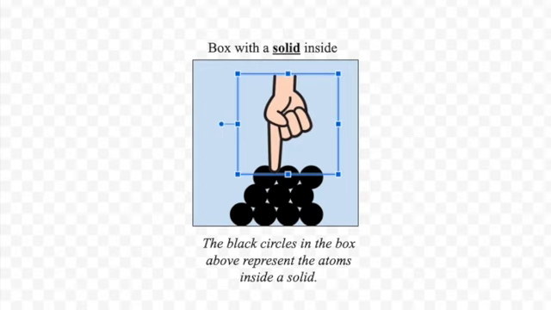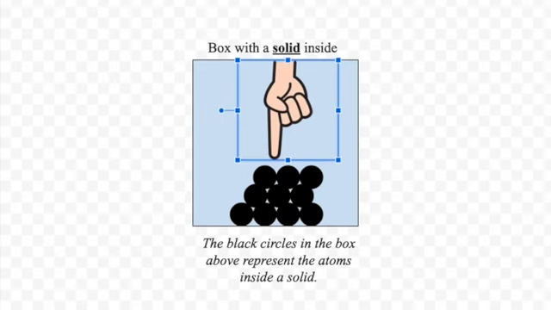In order to make my finger get into that solid, I would have to push the atoms out of the way. There's no way for my finger to slice through those atoms.